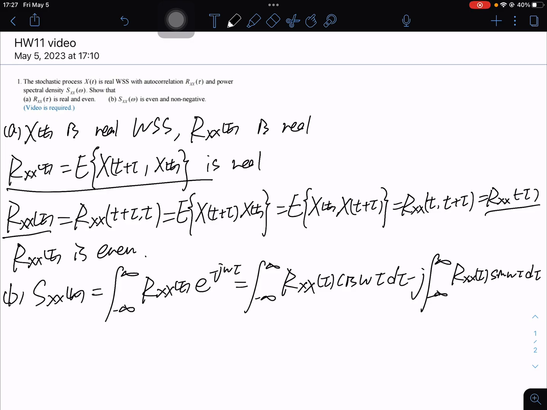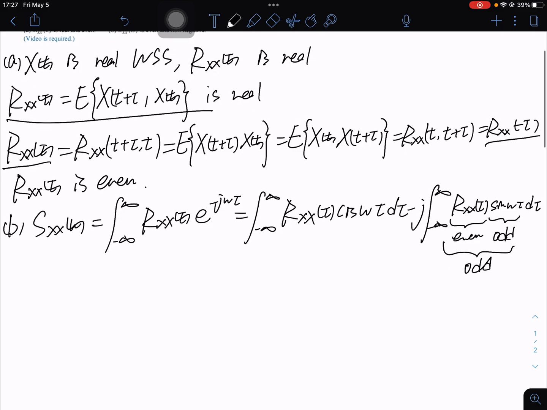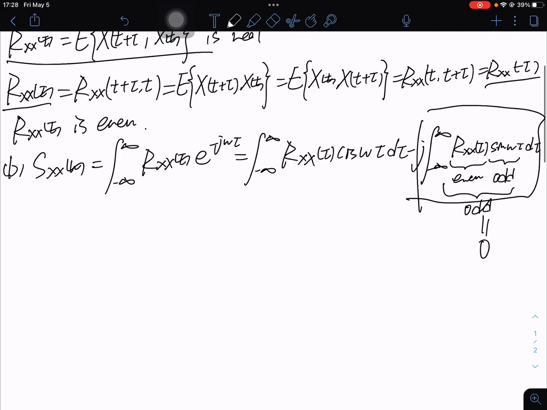And we know from question A that R_xx(tau) is an even function and sine omega tau is an odd function. So the product of these two functions is an odd function. So from negative infinity to positive infinity, this integral equals 0.